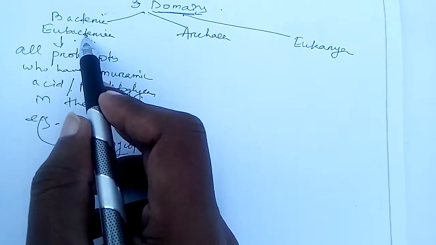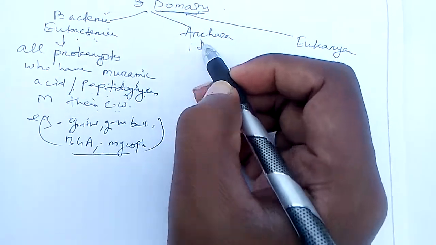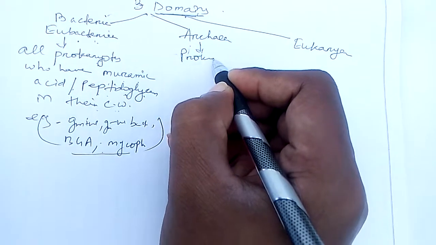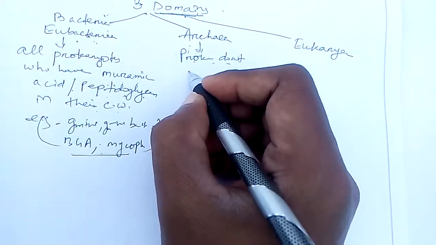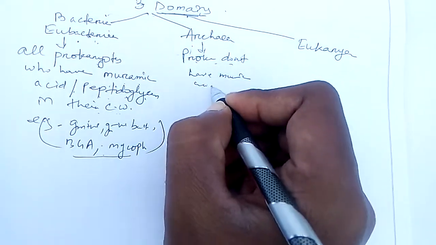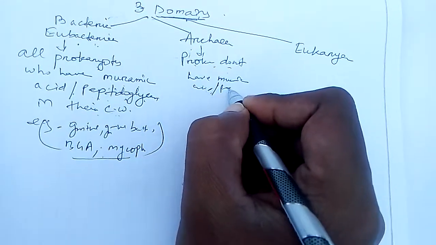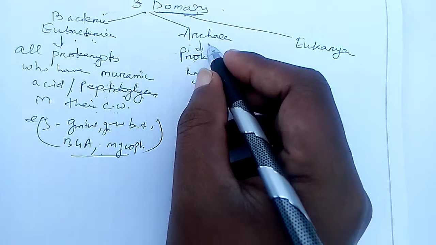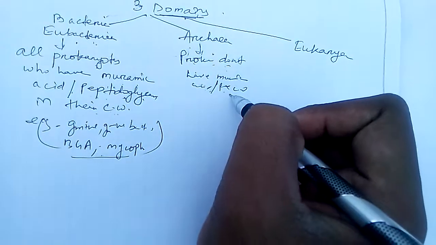Okay, then comes archaebacteria. In archaebacteria, those prokaryotic organisms which do not have muramic acid or peptidoglycan in their cell wall are included.